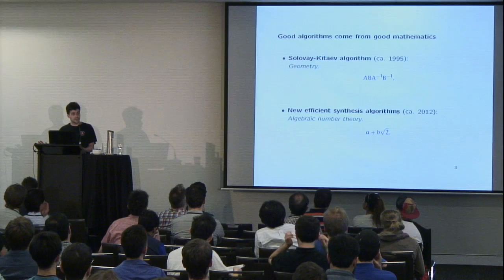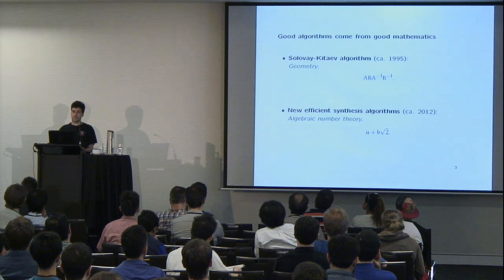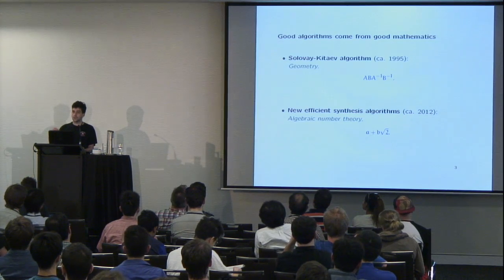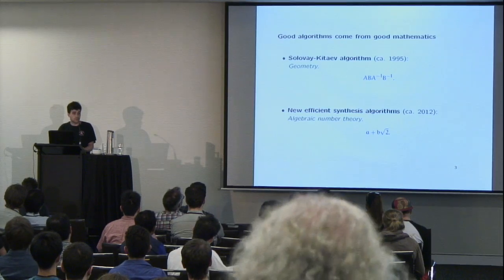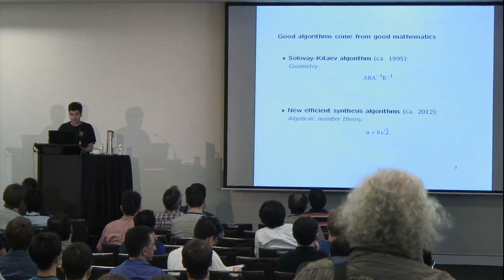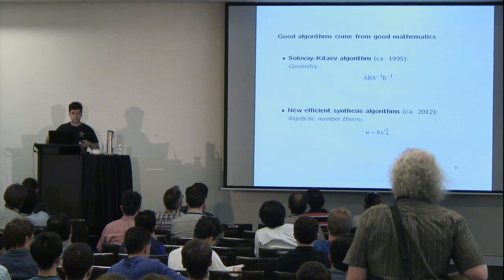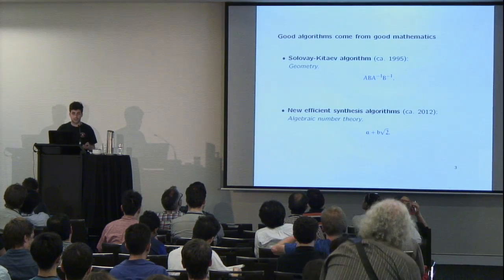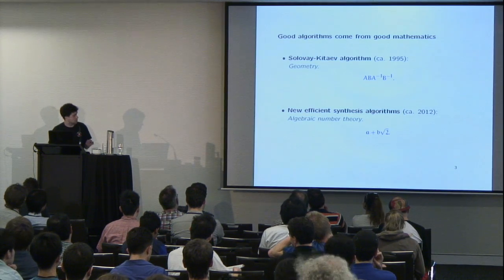As far as I know, this is due to a paper by Kliuchnikov, Maslov, and Mosca, who were the first ones to use number theoretic methods to solve problems in quantum compiling. Since then, many of the recent advances in the field have been using these or related tools to get these optimal or asymptotically optimal decomposition algorithms.